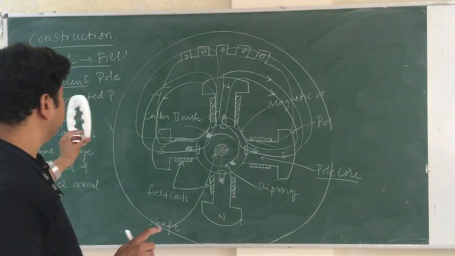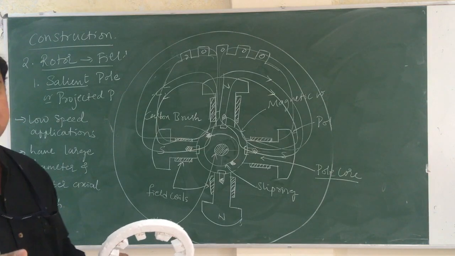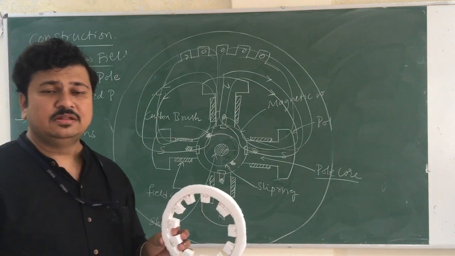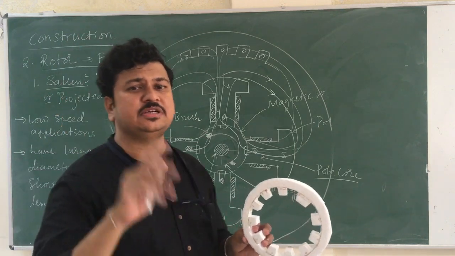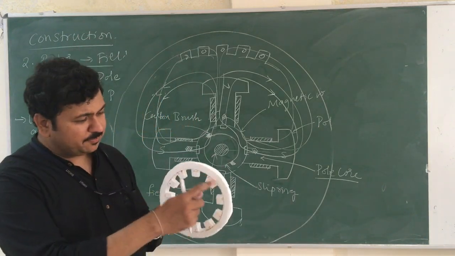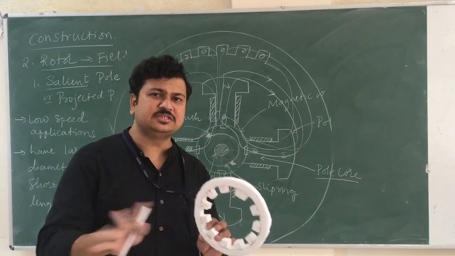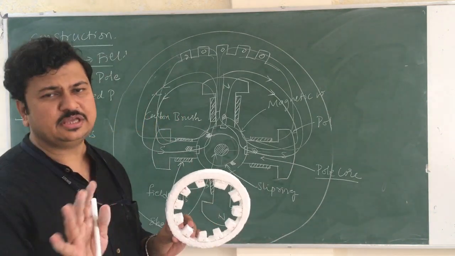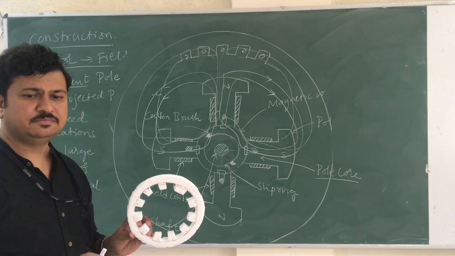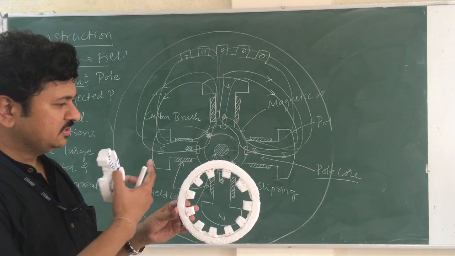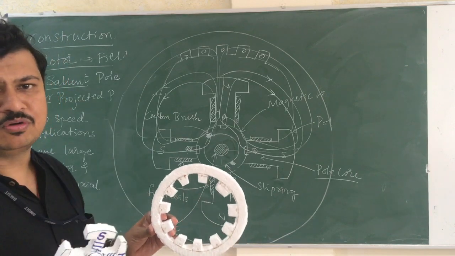Now if I take the first system where flux is stationary and conductors are rotating, the rotating part will become the armature in that case. So I keep the armature stationary to collect the large amount of voltage and current easily. That is one biggest advantage. Okay? So this is the construction of stator and a salient pole rotor.